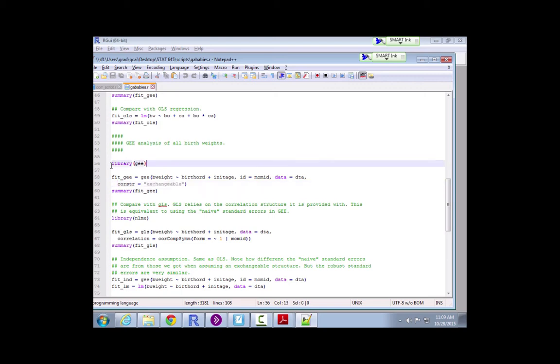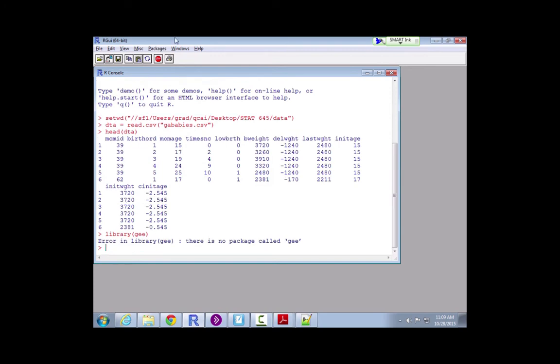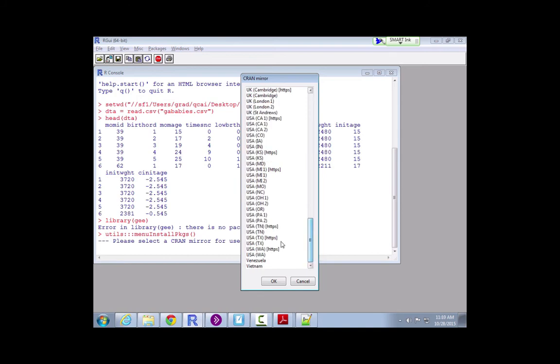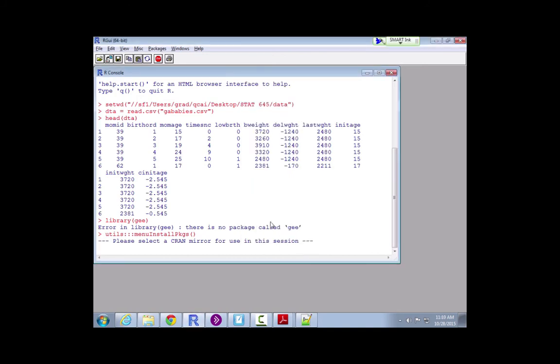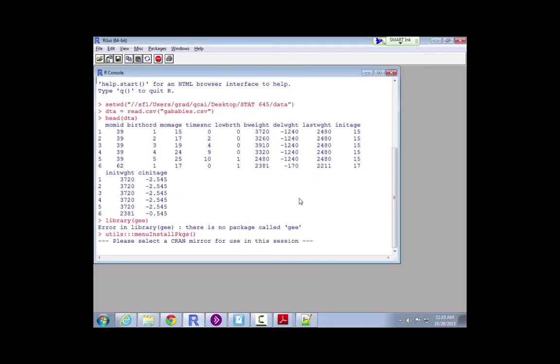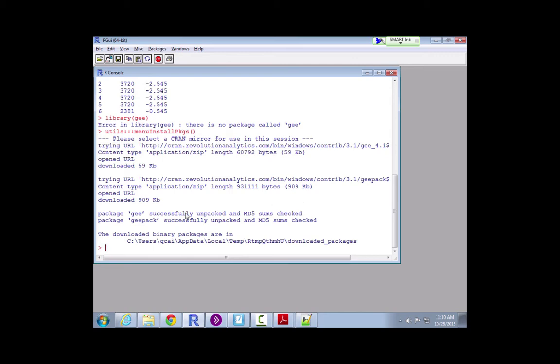If I library in GEE, I'm probably going to have to install it. There are two packages that implement GEE.